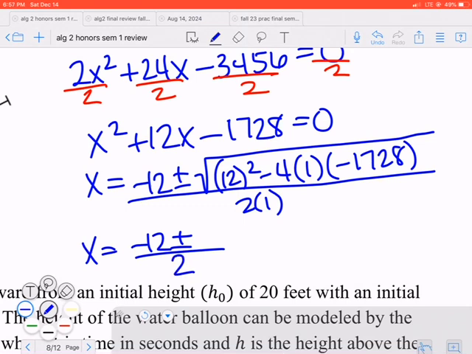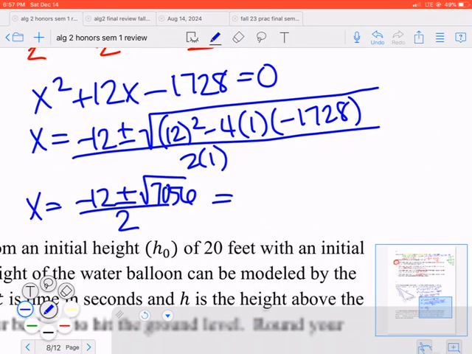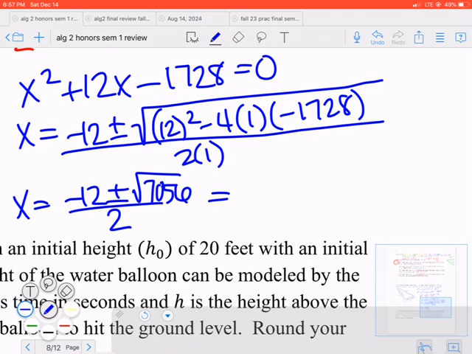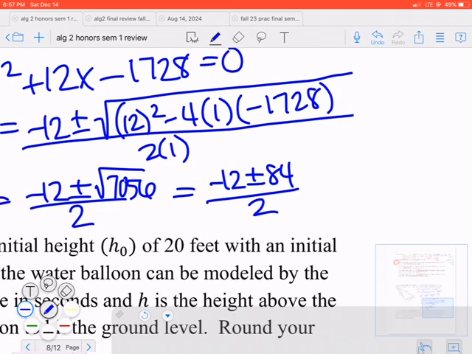All right, so we would have 144 minus negative. We do that in our calculator and it came out to be 7056, the square root of that number. Then find the square root of that number and it's 84. So we have negative 12 plus or minus 84 over 2.